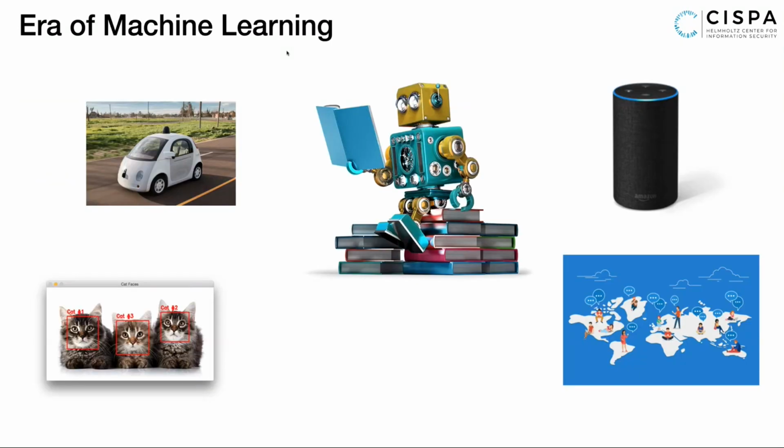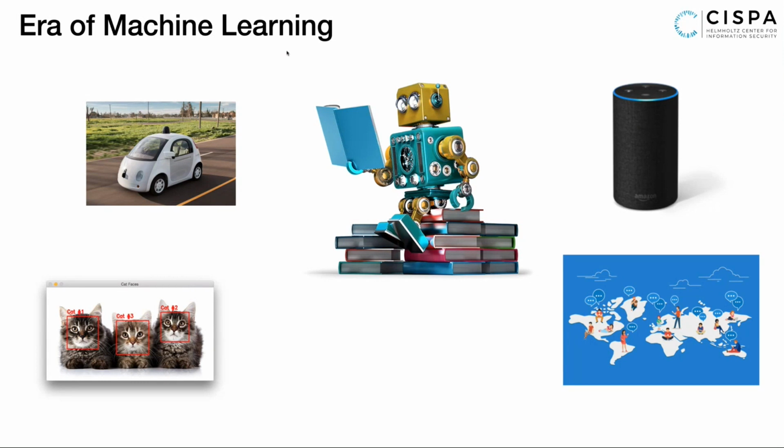I guess I do not need to tell you that machine learning is now very popular and has been used in many applications, such as driverless cars, facial recognition, or your IoT devices at home. On one hand, machine learning indeed makes our life much easier than before.